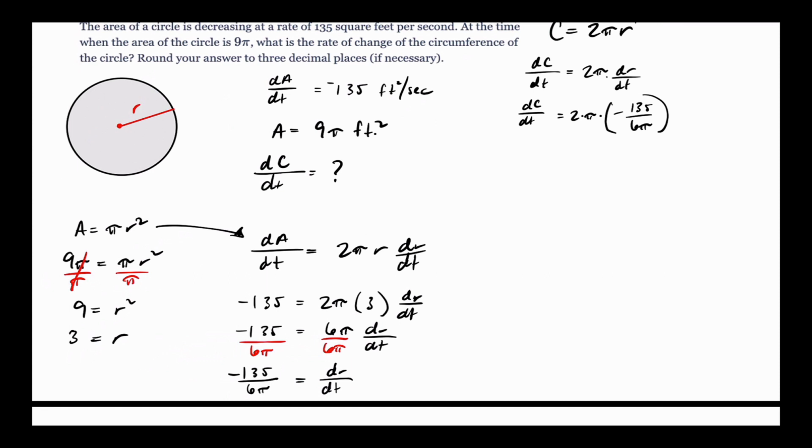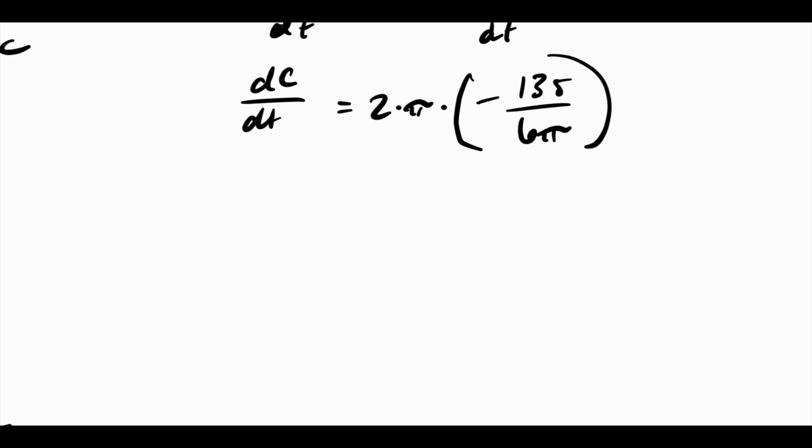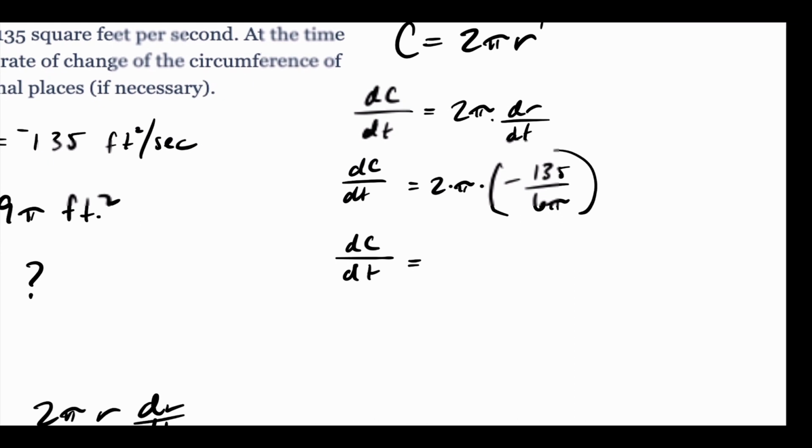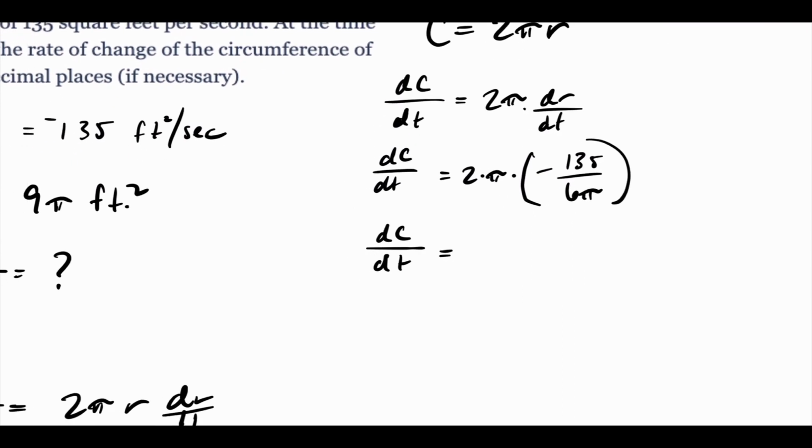Sometimes you need to use a second formula when you don't have enough information. When you don't have something, then you got to use the second formula. So this guy I can put in my calculator because this is going to be my final answer. It says it's okay to round.